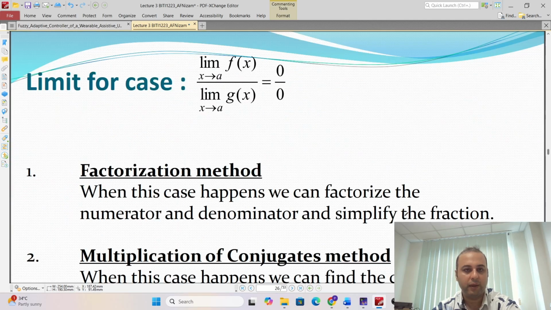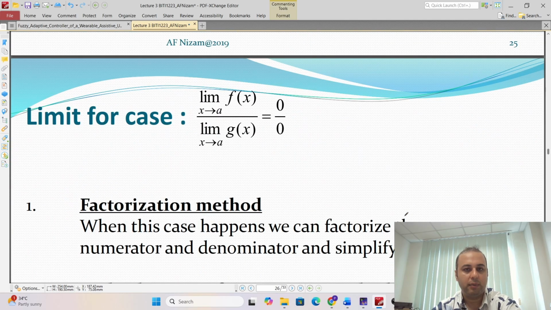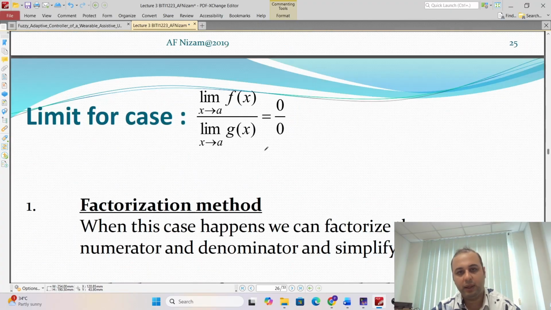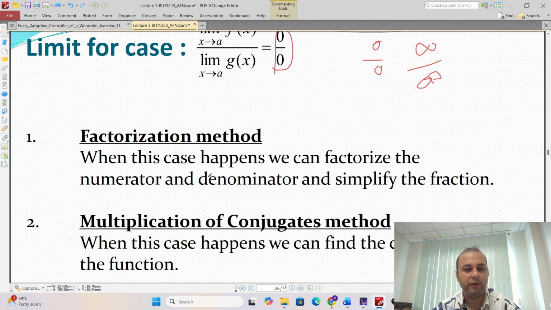Okay, but we have one condition. If the result will be 0 over 0 or infinity over infinity, we have two methods to calculate.